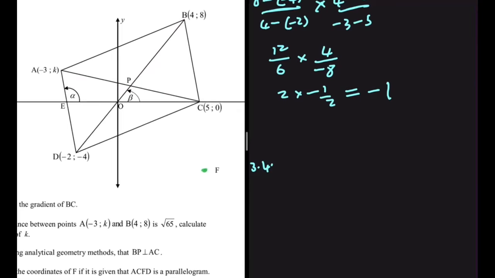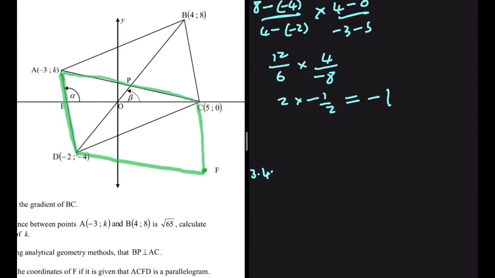Then C and F, and then D and F. Yeah, we have something like this as our parallelogram, right? So in order to find the coordinates of F, we can use the midpoint of DC, as it will be the midpoint of AF, but that is a painful exercise. Instead of doing that, we're gonna use translation. Let me show you how, if you're not familiar with the concepts.